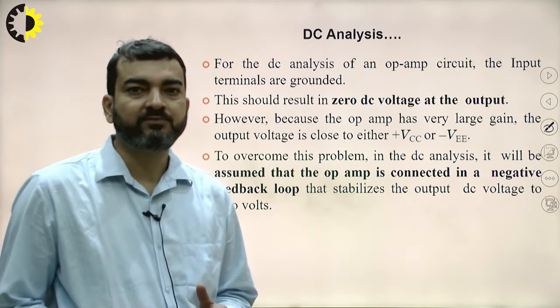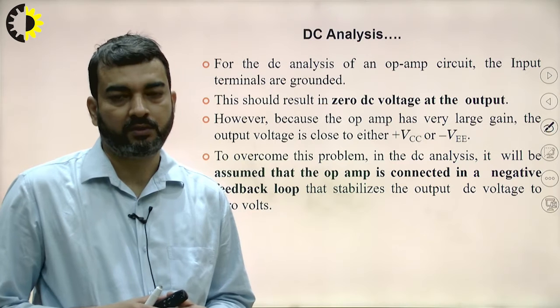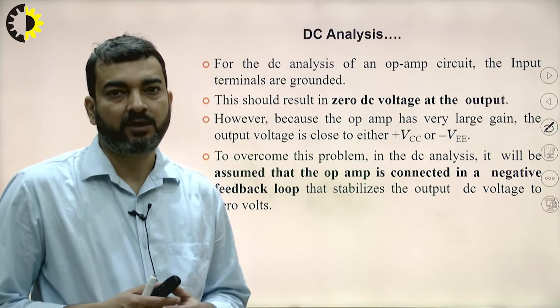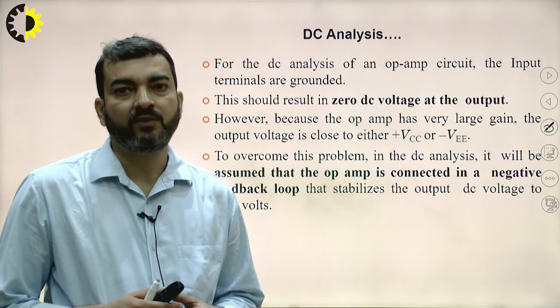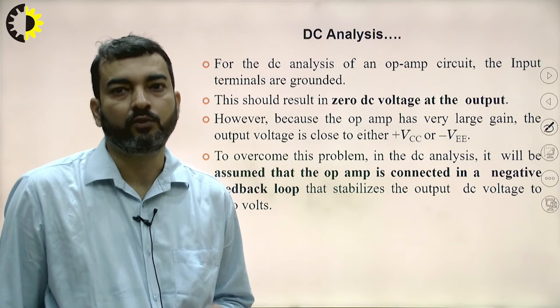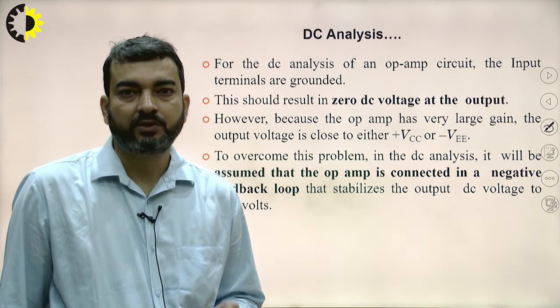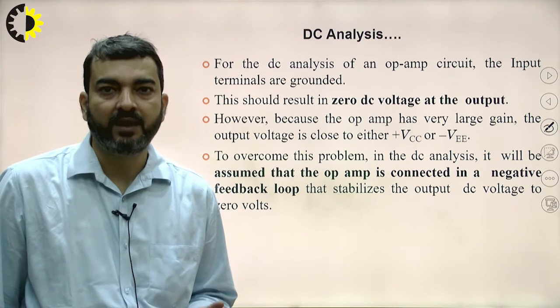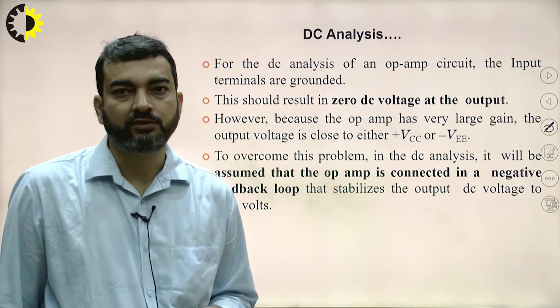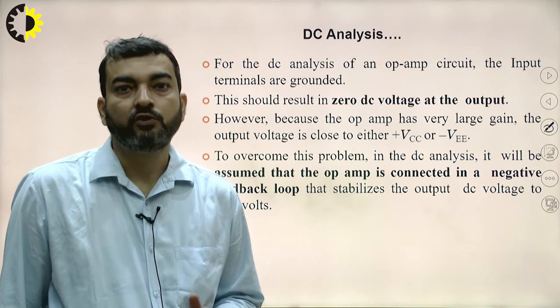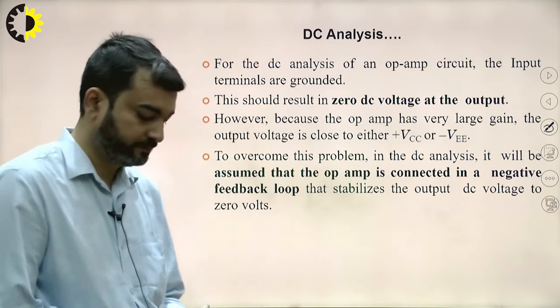To overcome this problem, we assume that this op-amp will be operated in finite gain mode using negative feedback. Because of the negative feedback, the output will be 0 as we have applied no input signal.